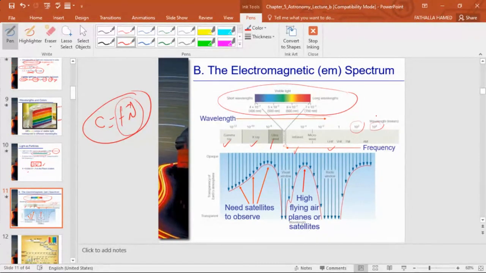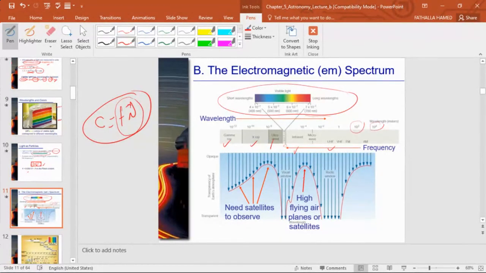But on Earth, we have something special, which is the atmosphere of the Earth. And this atmosphere blocks the gamma rays, the X-rays, the ultraviolet, and it allows the visible light to reach the surface of the Earth.